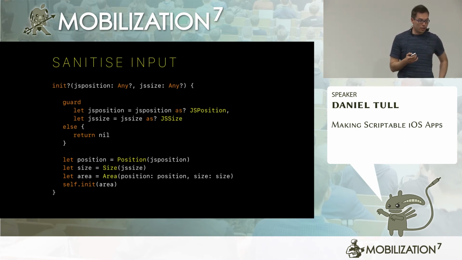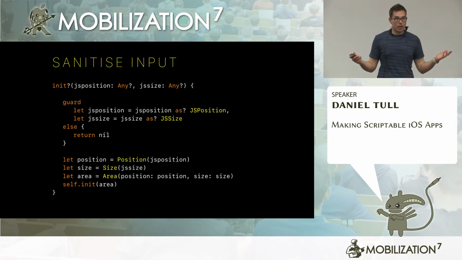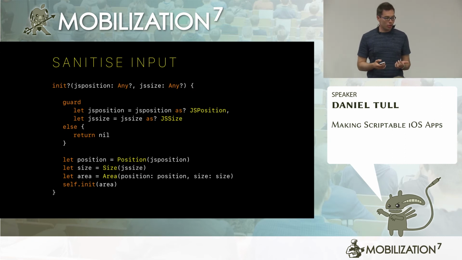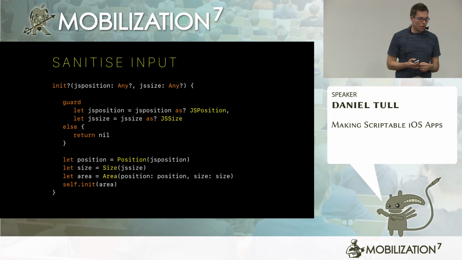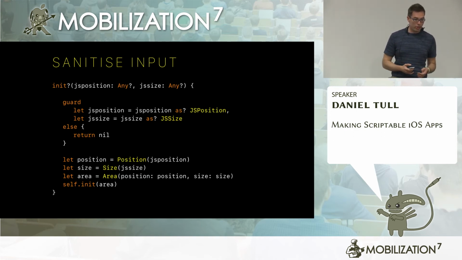You've got to then say that all of your inputs are any, and optional any's, because that's basically what JavaScript can give you. It can go, well, I'm going to take anything. And in fact, I might take nothing. And you're going to have to deal with it. So then you've got to check to make sure that the position is a JS position, and the size is a JS size, and then convert them to your native types, and then make an area and initialize.